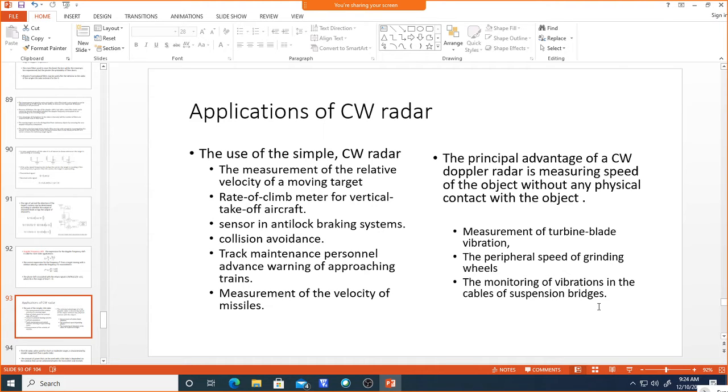And the monitoring of vibrations in the cables of suspension bridges. Bridges we have already seen, there are suspension bridges in many places.